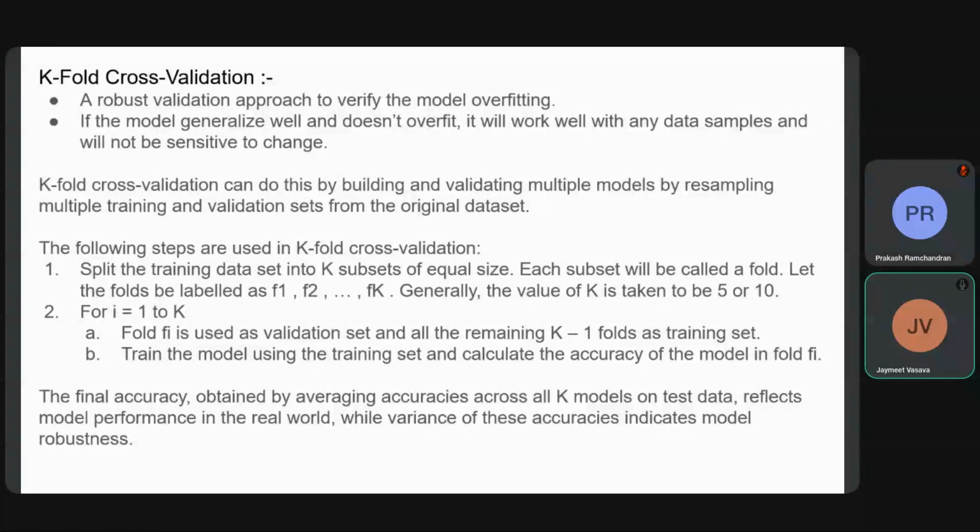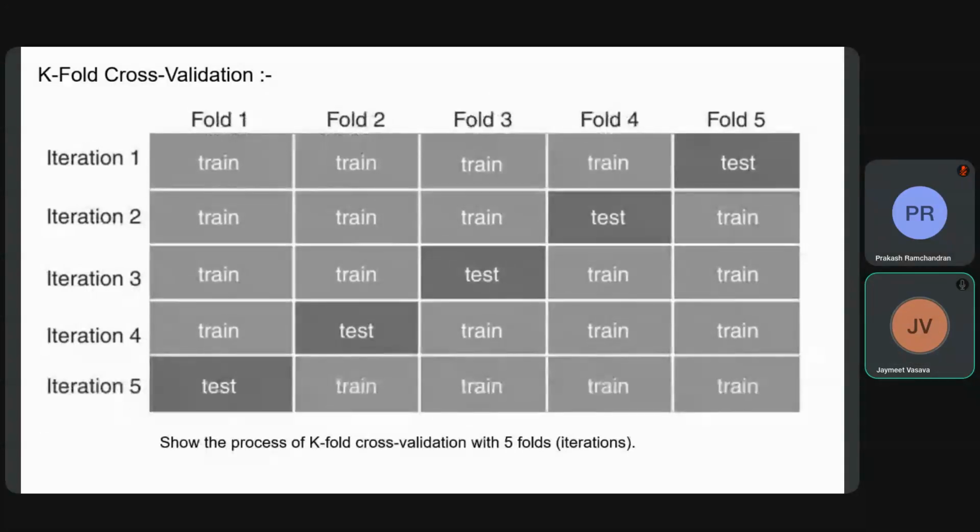Now, in order to avoid overfitting or underfitting, k-fold cross validation is a very solid approach. Basically, let's say there is a data set and you choose a k value.